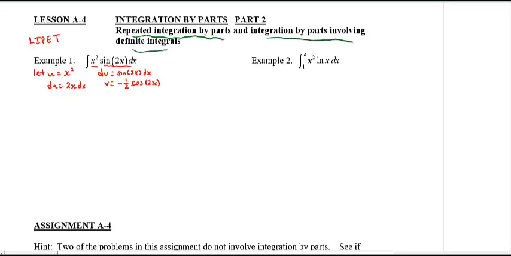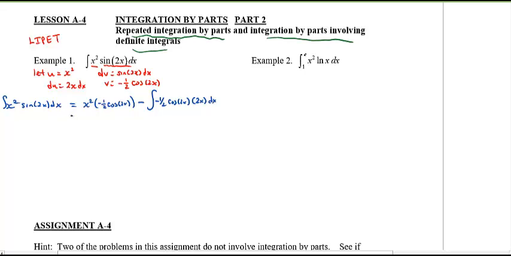And now you're set, because I can now rewrite the integral of x squared sine 2x dx as, remember, it's uv, ultraviolet, u, x squared, v, negative 1/2 cos 2x, minus the integration of v, negative 1/2 cos 2x, times du, which is 2x dx.